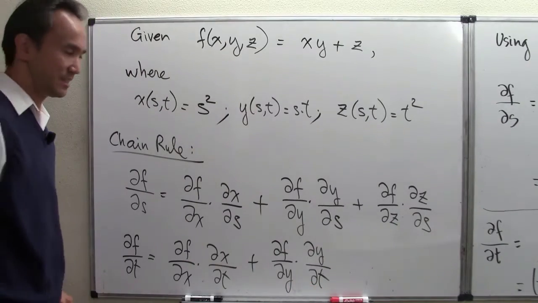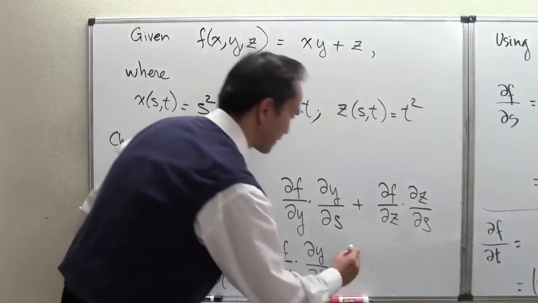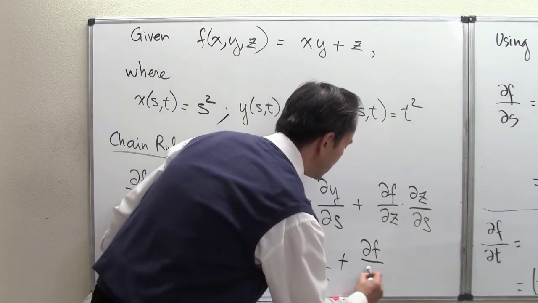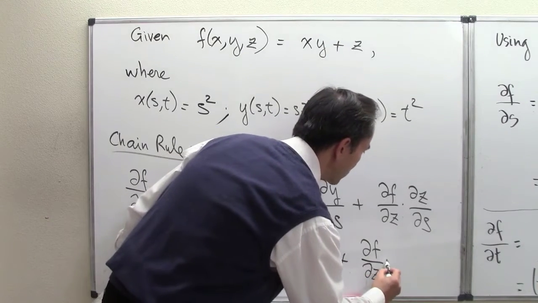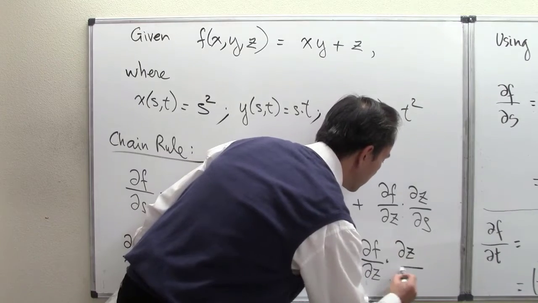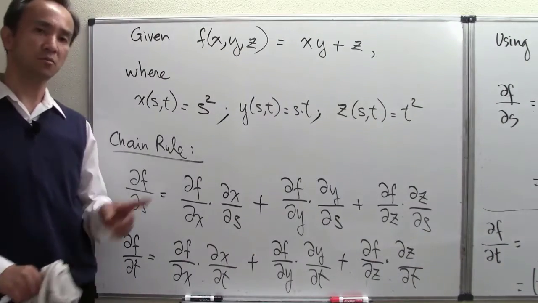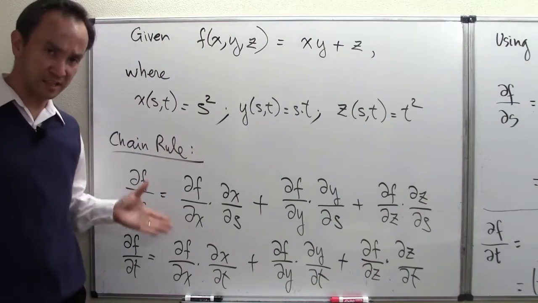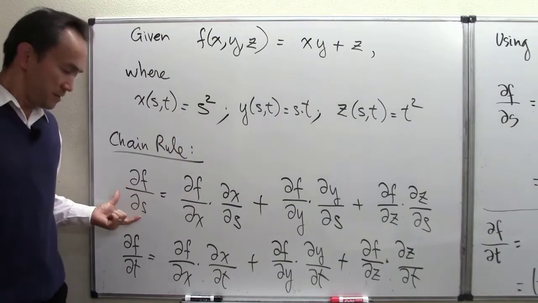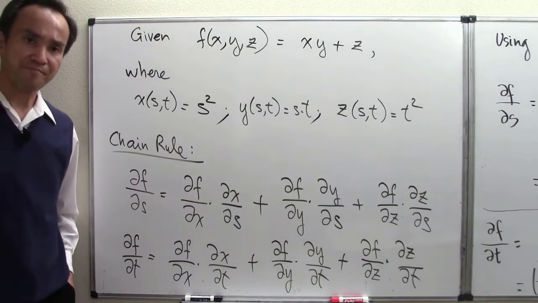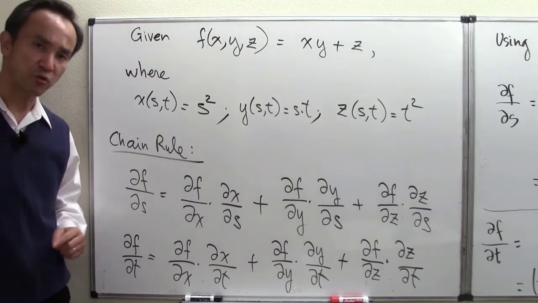All right, and then plus df/dz multiplied with dz/dt. All right, so really it's one chain rule, but it can give you as many partial derivatives as you want. Okay, but that's what chain rule is all about.